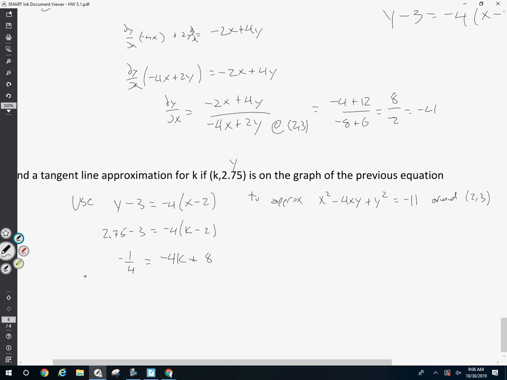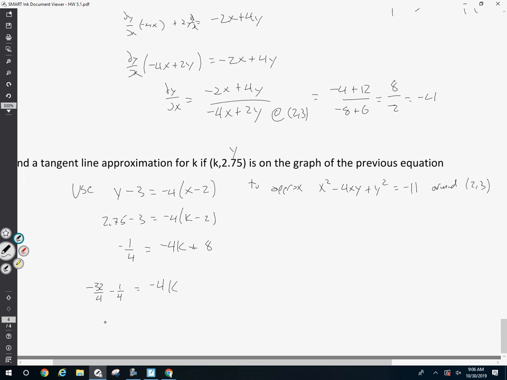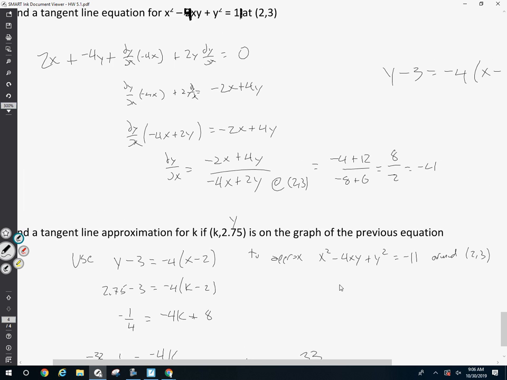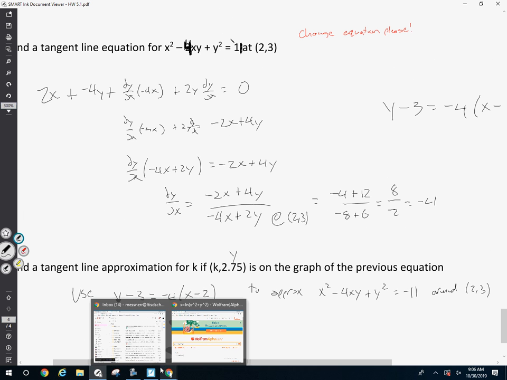Subtract 8, so that's subtracting 32/4. That's negative 33/4. I will divide by 4. K will be approximately positive 33/16.